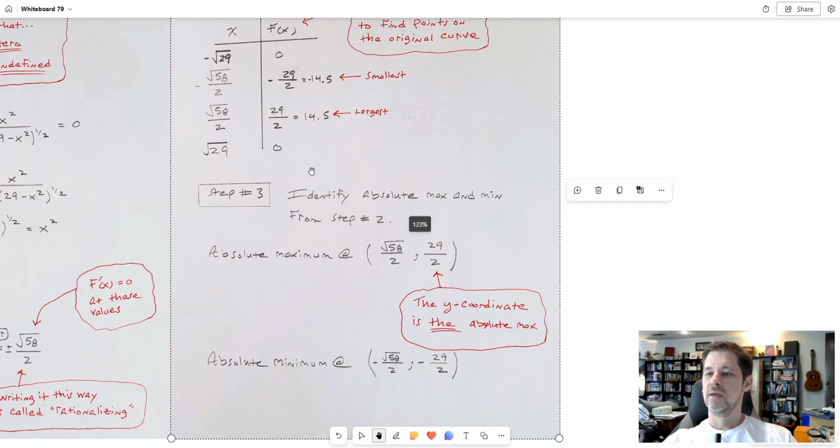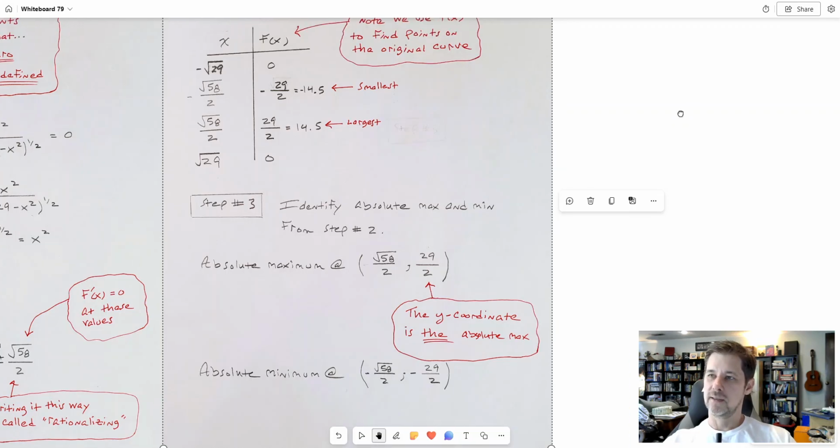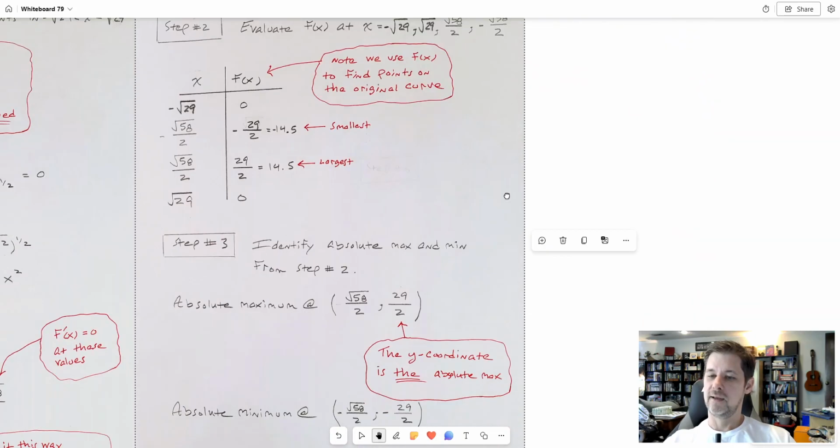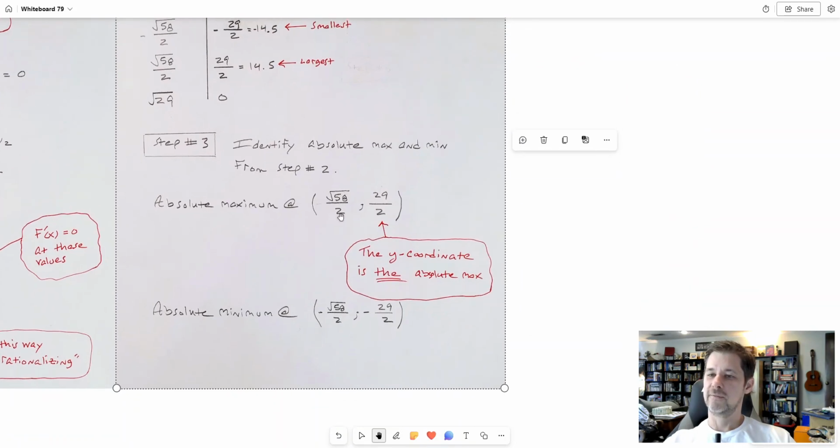Now, I noticed that there's a slightly different way I could say this. Here I've given you points on the curve. This point right here, which is at the top as far as vertical positioning goes, has an x-coordinate of root 58 over 2 and a y-coordinate of 29 over 2.